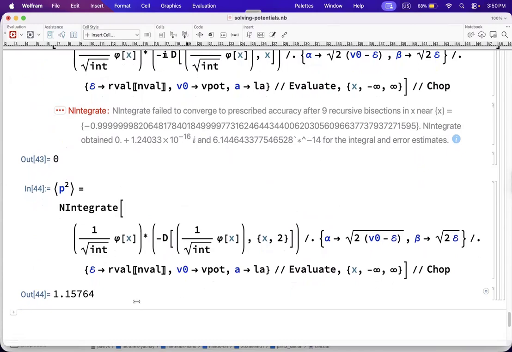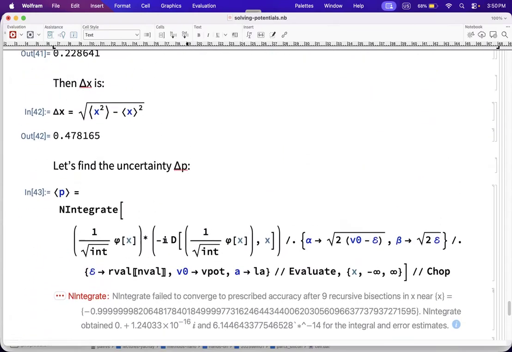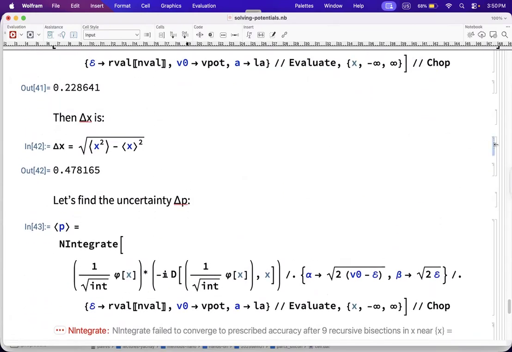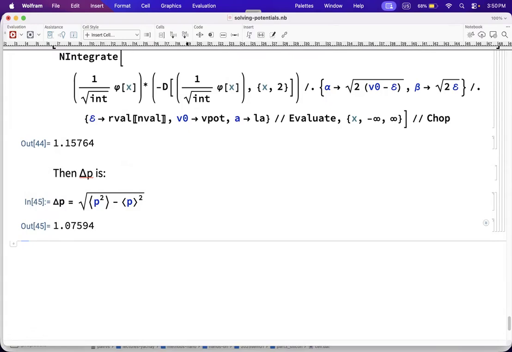Then the uncertainty of the momentum is this. I copy this one here and change to p instead of x. It is 1.075.